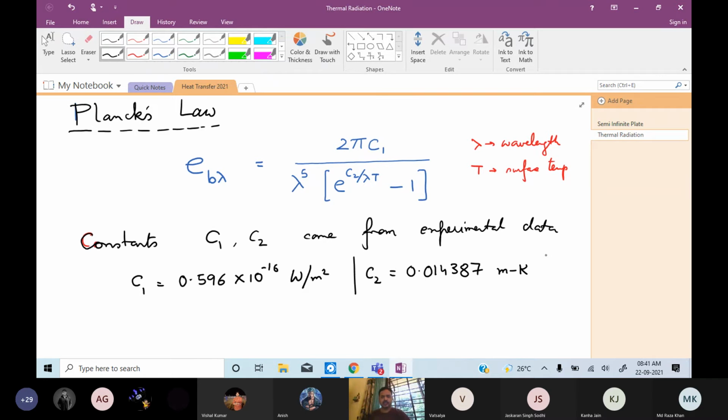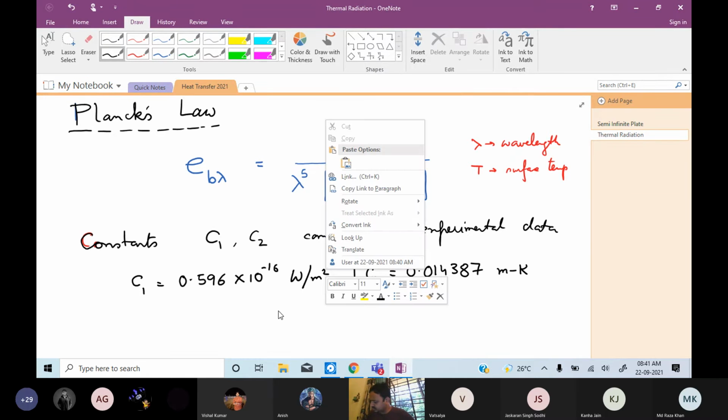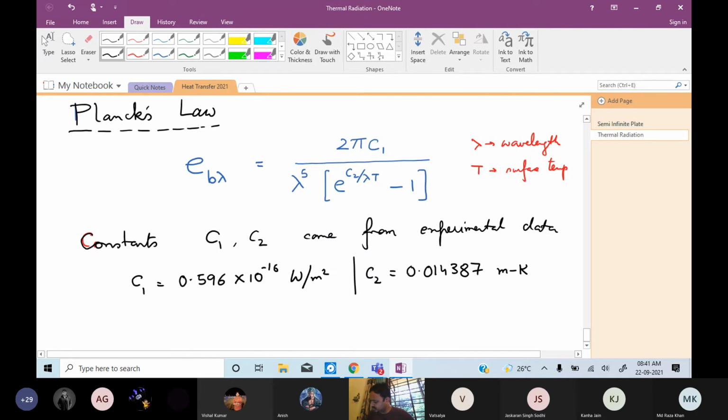Okay, clear? I think this will be meter to the power 4, isn't it? No, right, this is correct. Yes, this is the mistake I was making. It is watt meter squared.